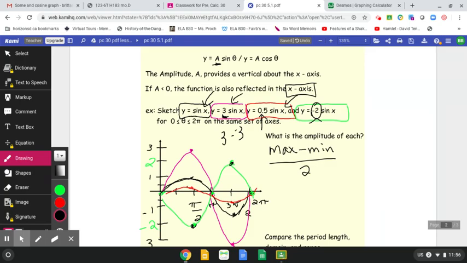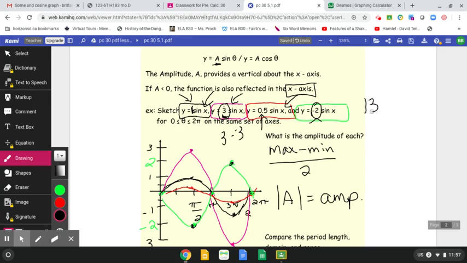But an easy way to figure out amplitude is it's the absolute value of A. So the absolute value of A equals amplitude. In the black one, the value of A is actually 1, so that means amplitude 1. Here, A was 3.